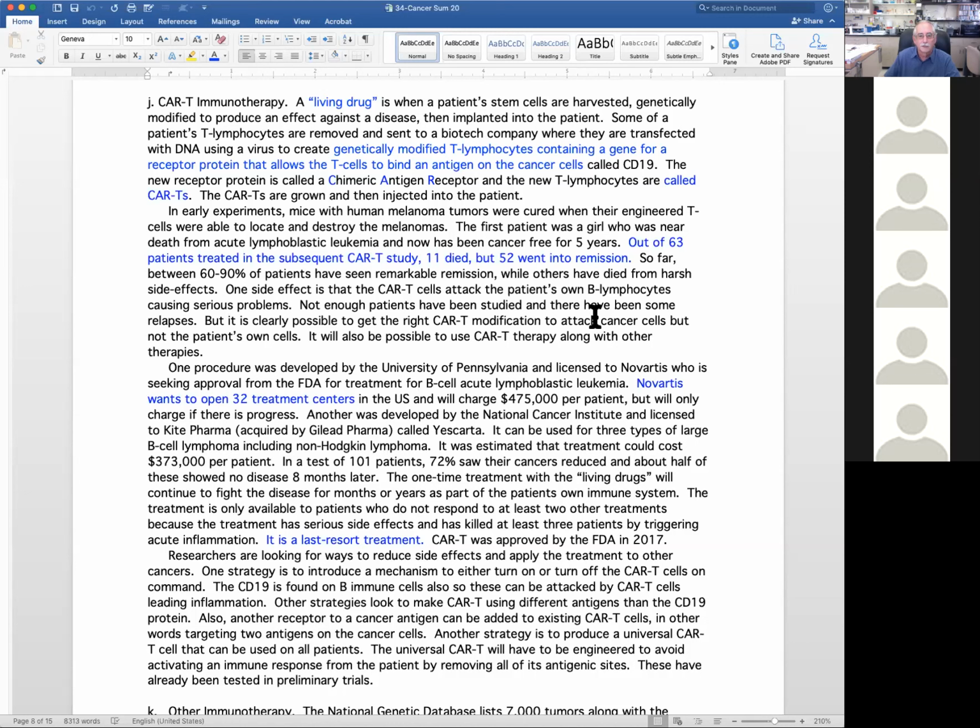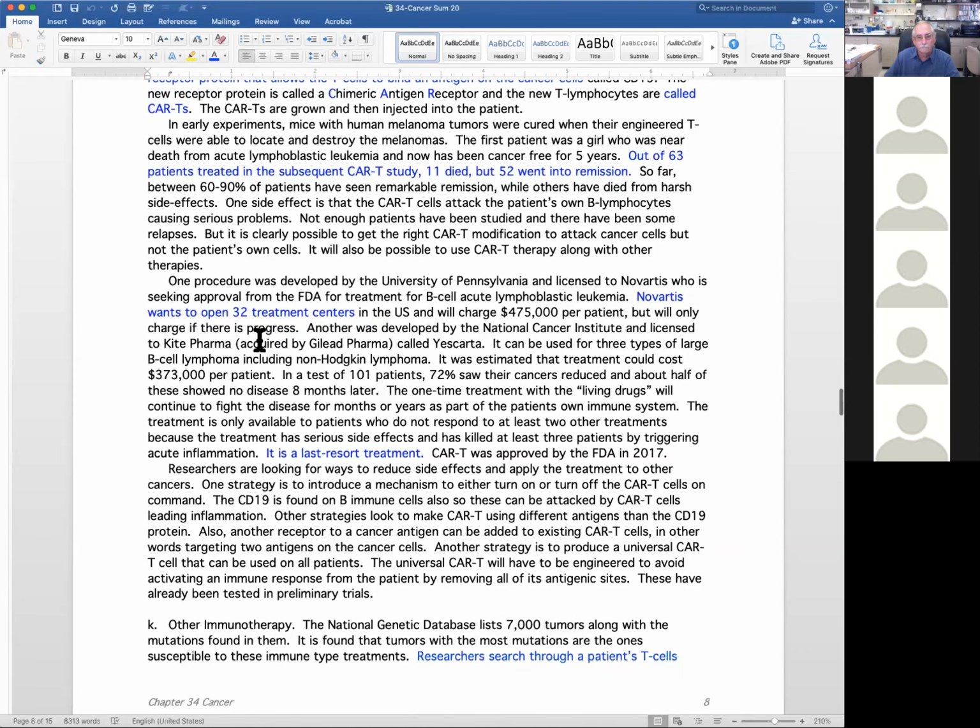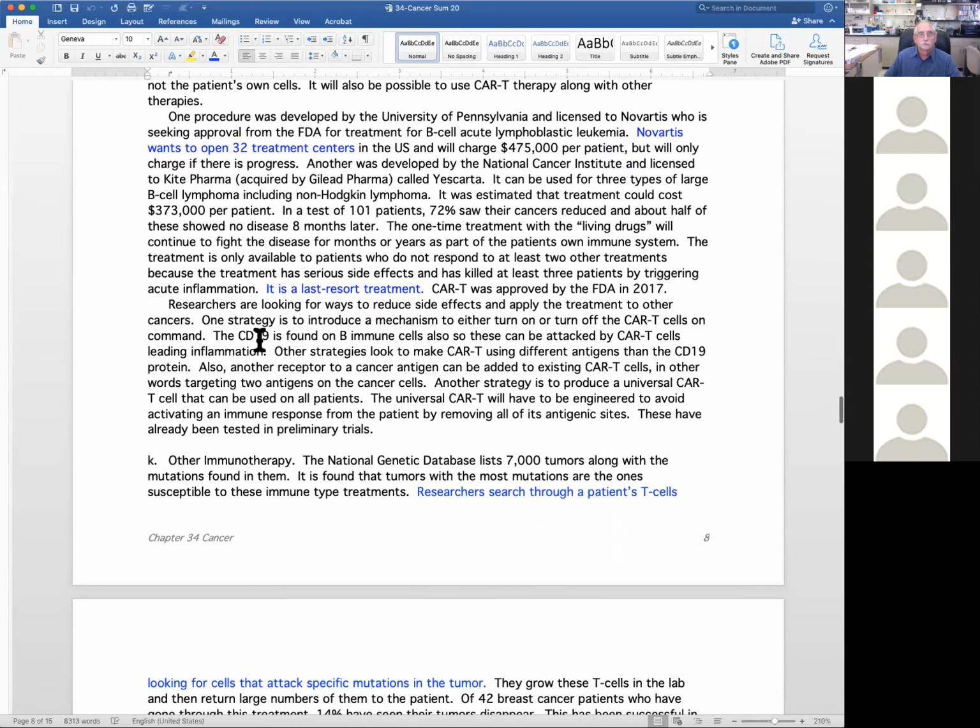Not only that, it's extremely expensive. So right now it's considered a last resort treatment, but at least it's something that people can look forward to. You know, don't get your hopes down. But if CAR T fails, then well, that's kind of it, huh?